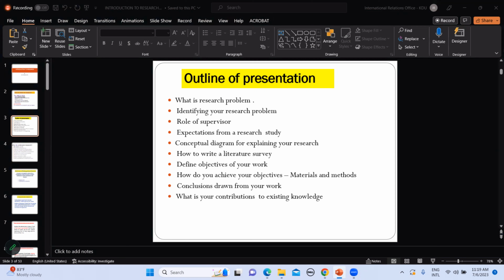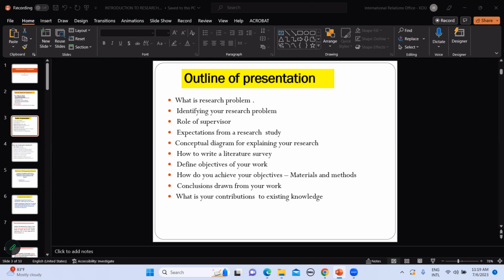Then you have to discuss and get the research problem for each group. You will be assigned the supervisor, not like your individual subject. Supervisor means you can go to him and discuss your research problem. He is the one who helps you.